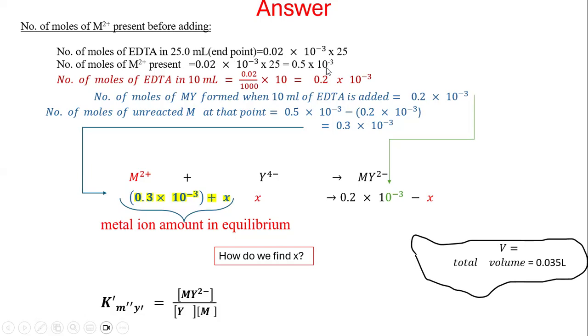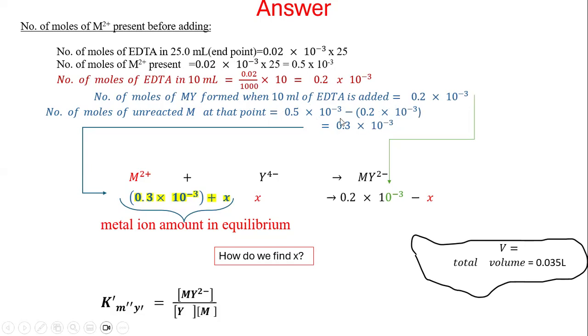Then we know how much has reacted, because EDTA of 10 ml was added, so that much M2 plus has reacted. The number of moles of MY is there, and the same number of moles has reacted. So the remaining will be what you had at the beginning minus how much had reacted.